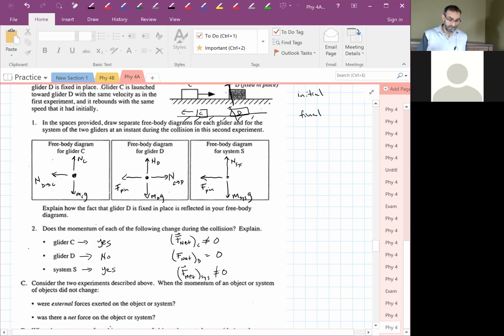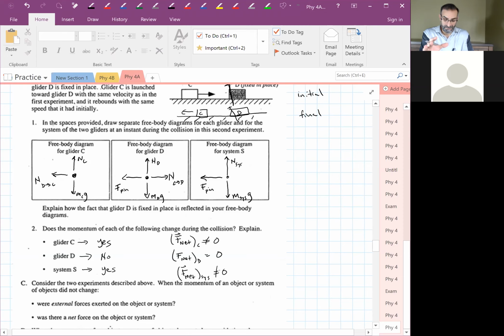This is the conclusion here, the big conclusion. We're about to get to it. I think we were talking changes in momentum, right?